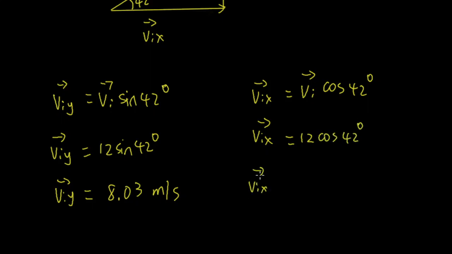V initial x is equal to, now 12 cosine 42 degrees is around 8.92 meters per second. Okay, now we have v initial y calculated.